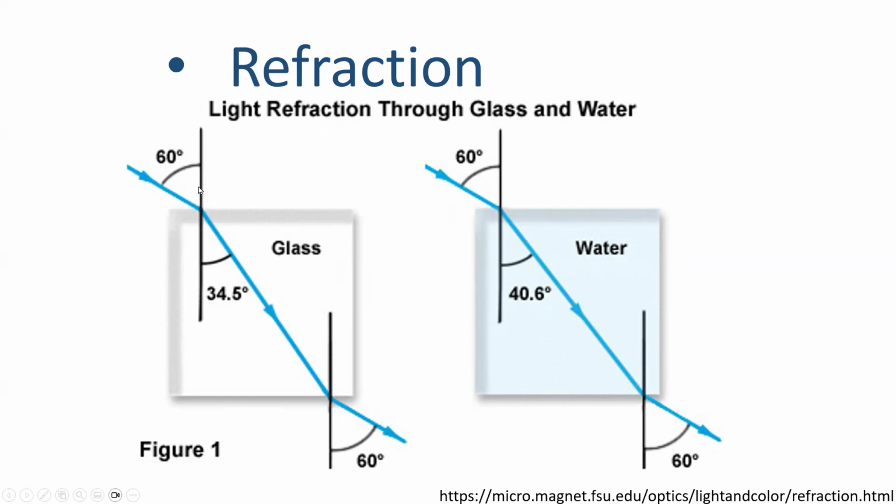Now, what happens here? In glass, the light is going to puncture through the interface, and it's going to bend a little bit here. It is going to have the angle of refraction of 34.5 degrees.